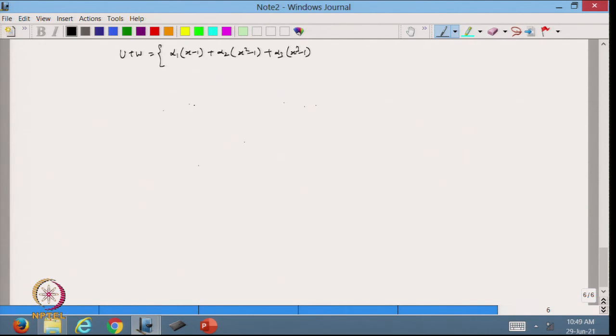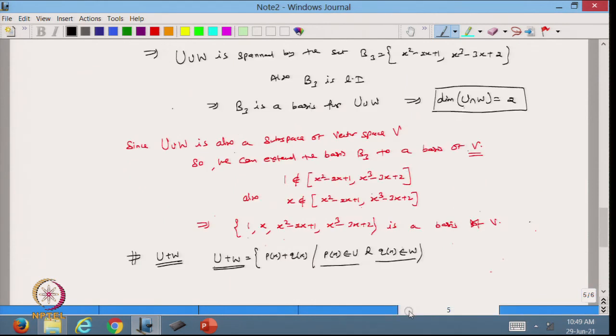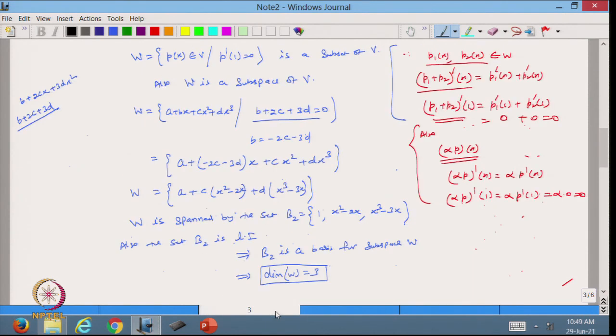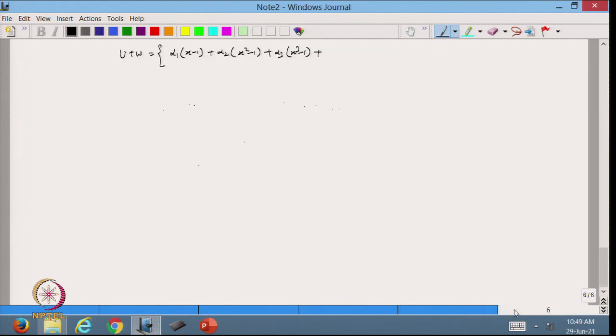So, this is the polynomial coming from u, and now it is coming from w. In w, I know that the basis of w is 1, x square minus 2x, x cube minus 3x.